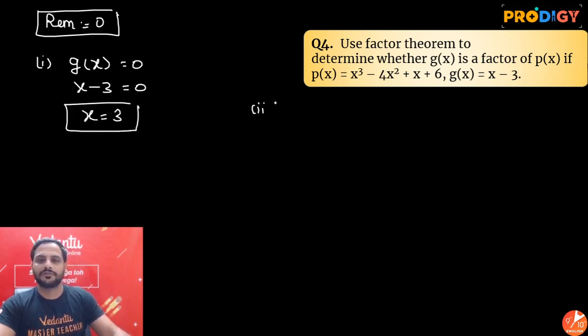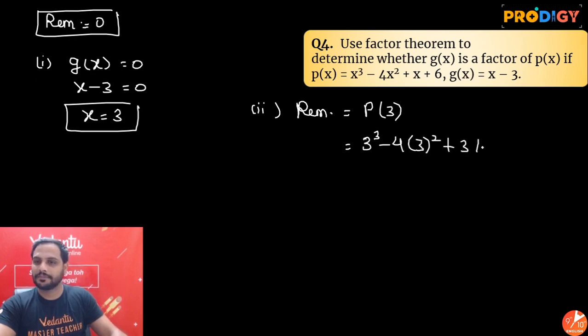Step 2, find the remainder, which is equal to the value of the polynomial dividend p(x) at x equal to 3. So it will be 3 cube minus 4 into 3 square plus 3 plus 6, which is 27 minus 36 plus 3 plus 6 is 9.